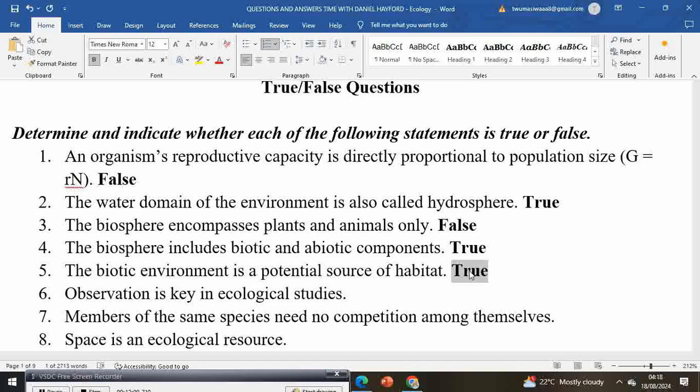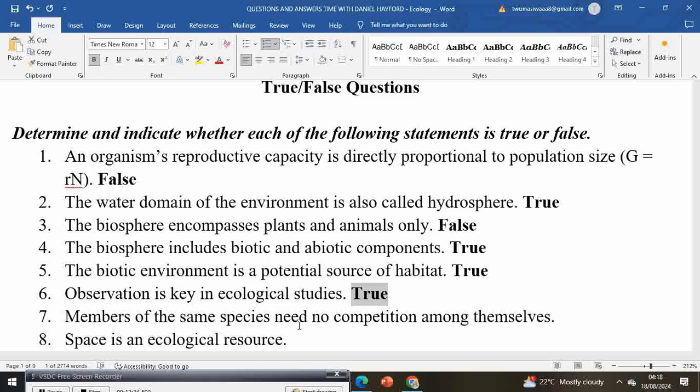Now, observation is key in ecological studies. Yes, observation is key in ecological studies. So the statement is true. In ecological studies, we observe, for example, organisms living in their own territories.